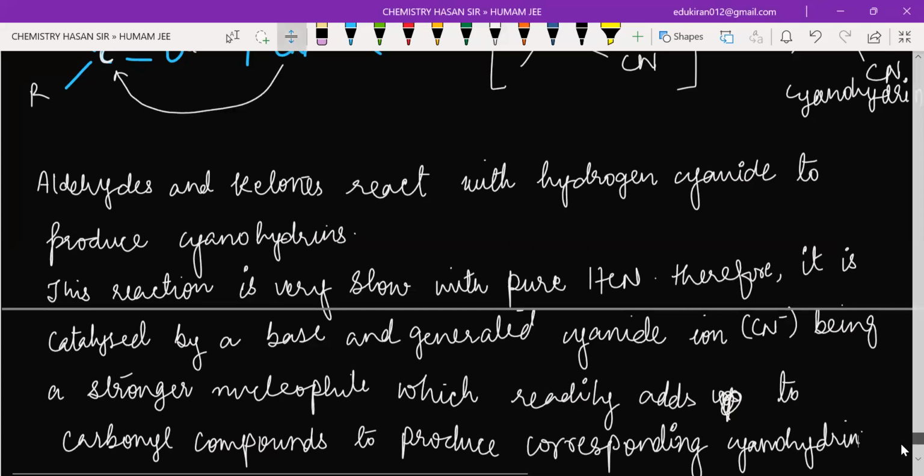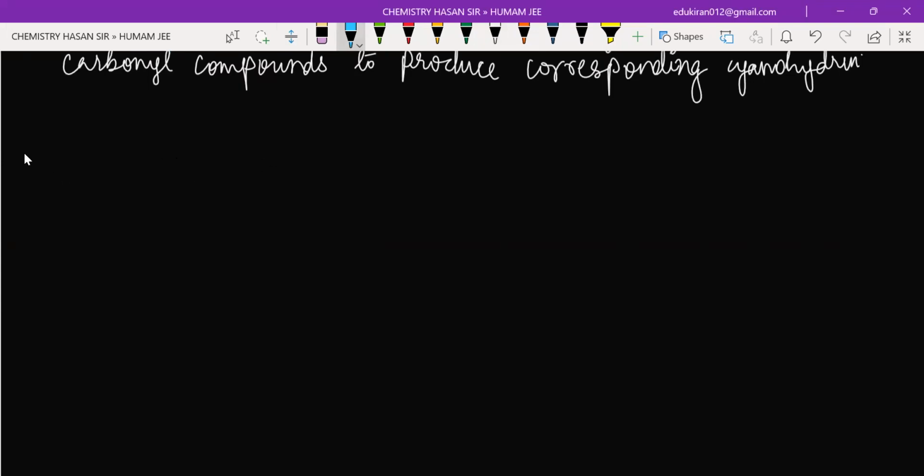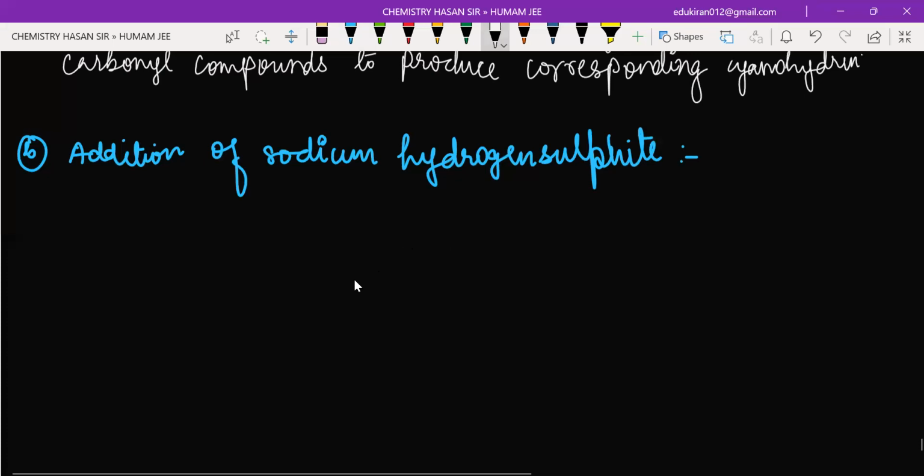Very good. So the next example is the addition of sodium hydrogen sulfite. So first I'm going to write some points, then you are going to write it.